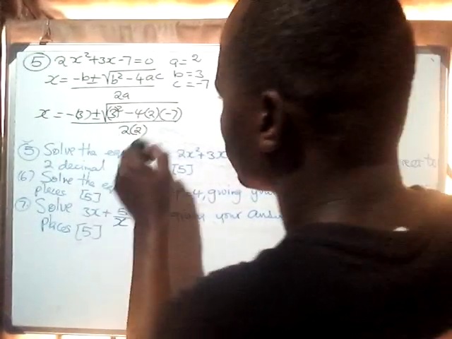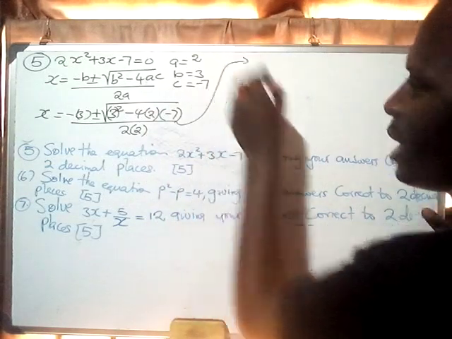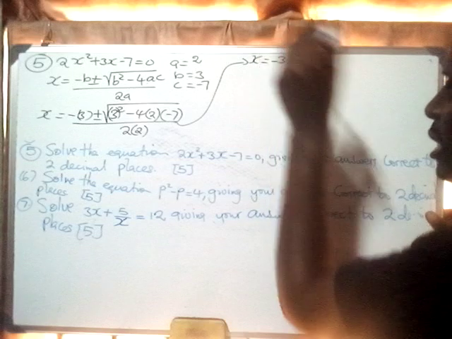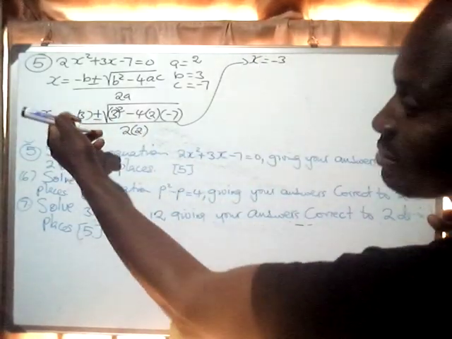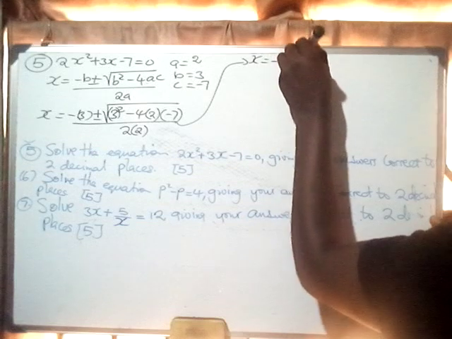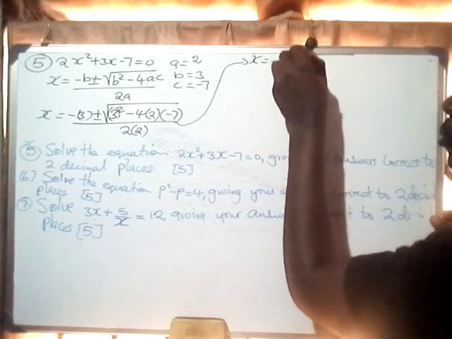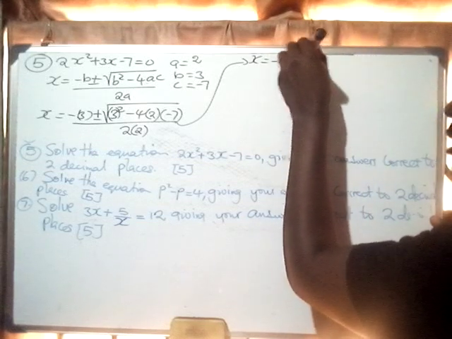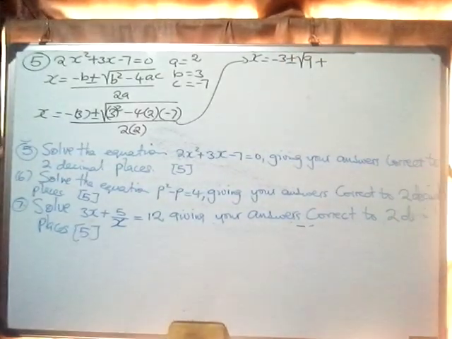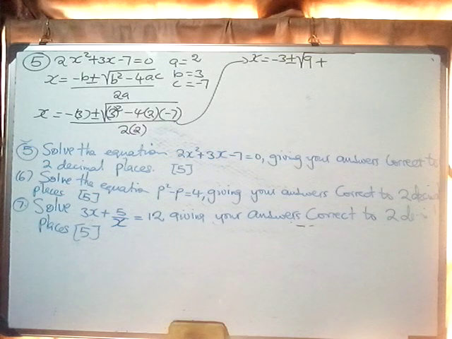So we are going to have everything over 2 times 2. So x is equal to -3, because negative times positive inside there will be negative, plus or minus the root of 3 squared, which is 9, plus 4 times 2 again times -7.